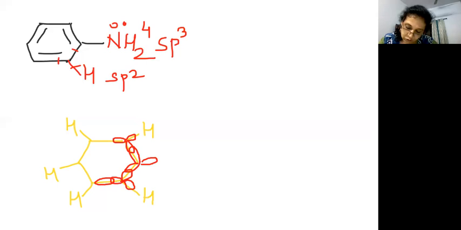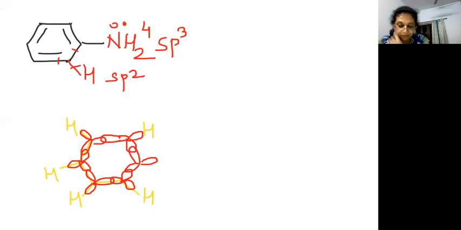This again is sp2. So let's make all sp2 carbons overlapping with each other. Okay, so that's what we have made.